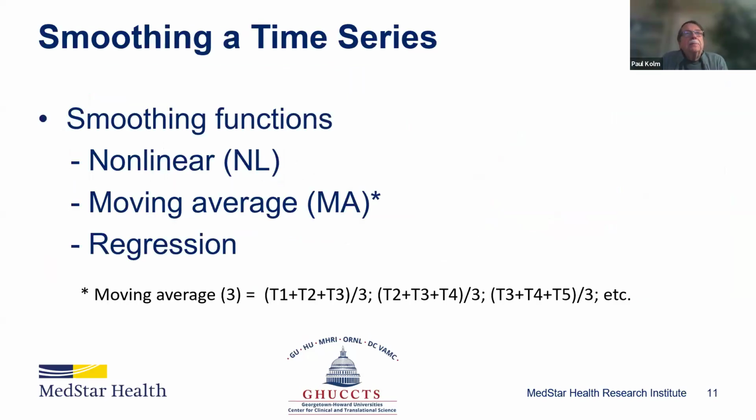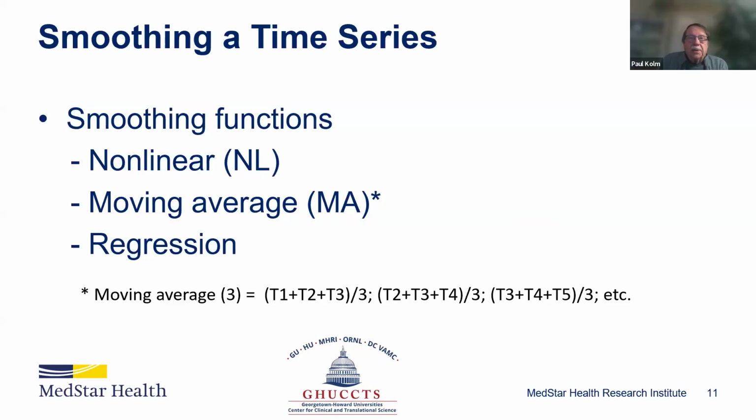So what we would like to do is smooth the time series to get a model of the time series, and there are different ways of doing this. The primary one is what we call a moving average. A moving average is a primary component of any time series. I've given an example here of a 3-point moving average: time 1 plus time 2 plus time 3 divided by 3.